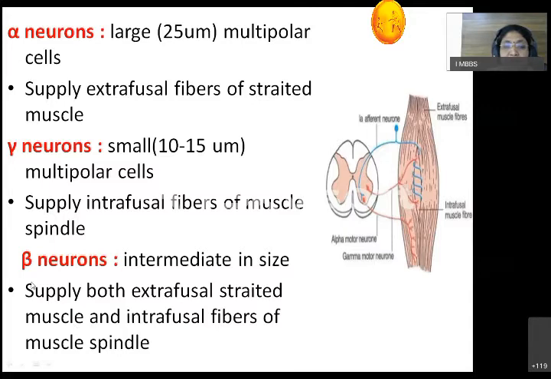Whereas beta neurons are of intermediate size and they supply both extrafusal as well as intrafusal fibers. So the motor neurons are present in the anterior horn and they are of three types depending upon their size: alpha, beta, and gamma.